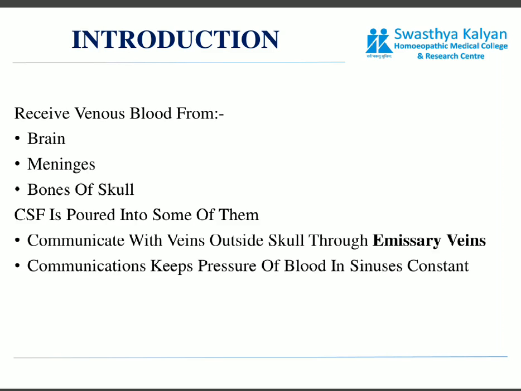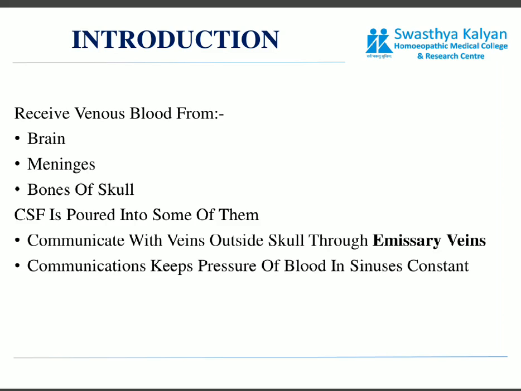These venous sinuses are connected with the outside of the skull through the emissary veins. So, emissary veins connect the cranial venous sinuses to the extracranial venous system. This has an advantage and a disadvantage.